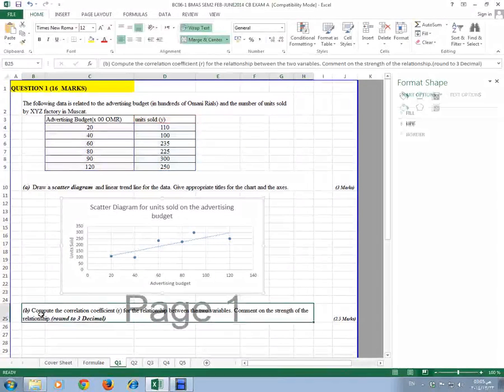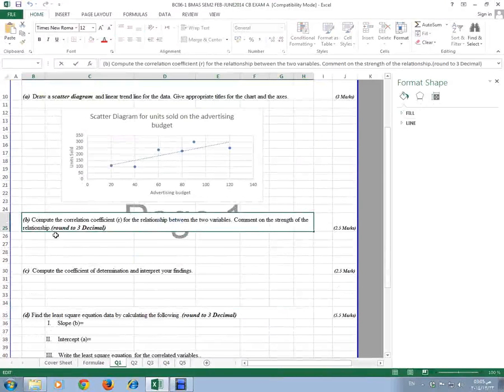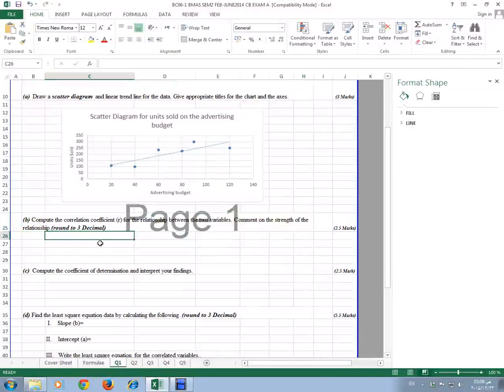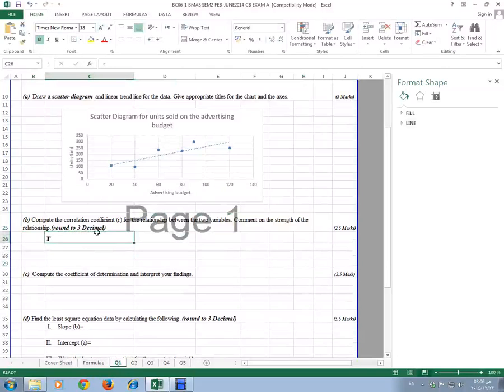The next question, B: compute the correlation coefficient R for the relationship between the two variables, comment on the strength of the relationship, and round to 3 decimals. So R equals, and we write the Excel function to calculate the correlation coefficient.